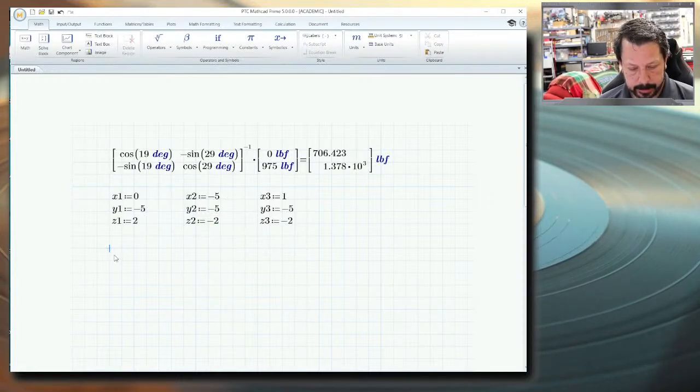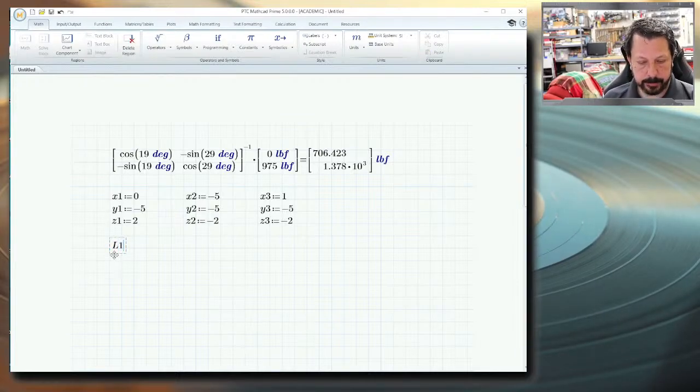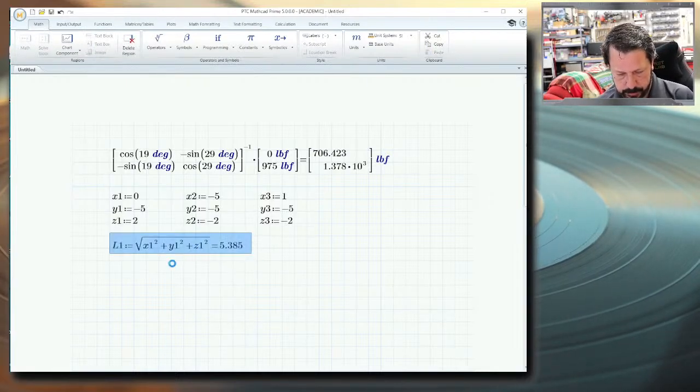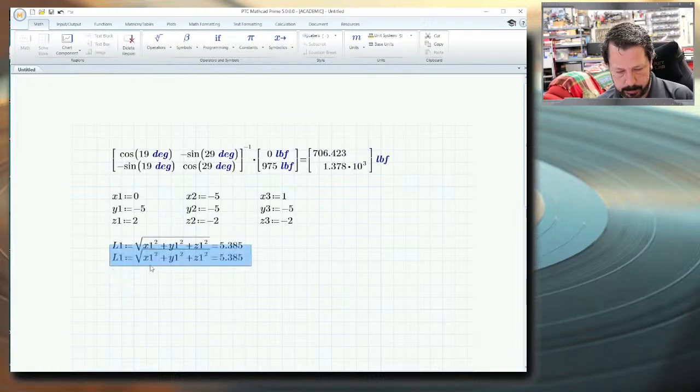To get the length, L1, the length of cable 1, is going to equal the square root of x1 squared plus y1 squared plus z1 squared. And again, that would be in meters. And then we need an L2, which is the same thing, but with all the 2 numbers in there.